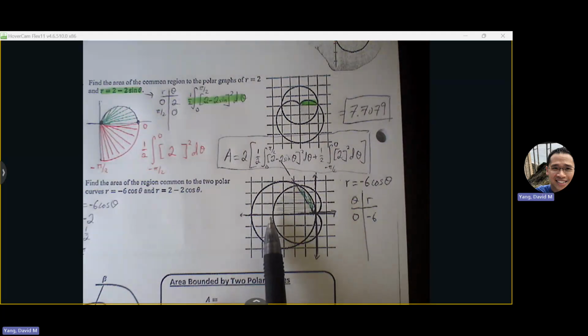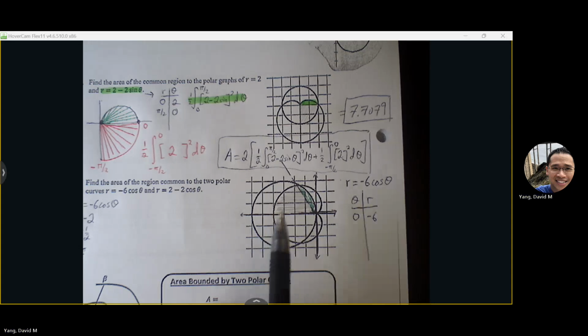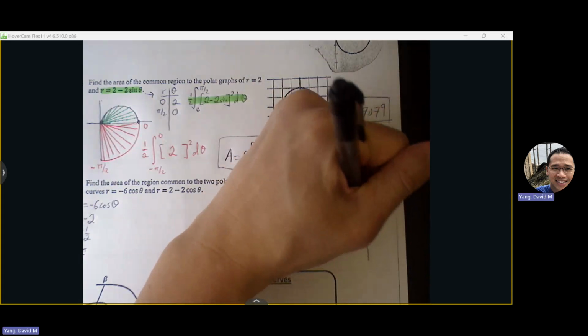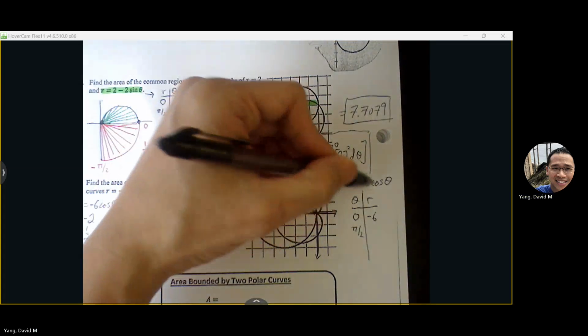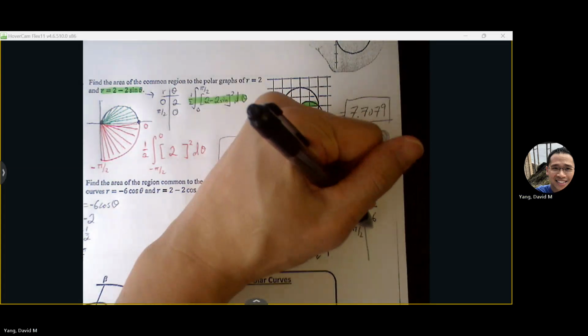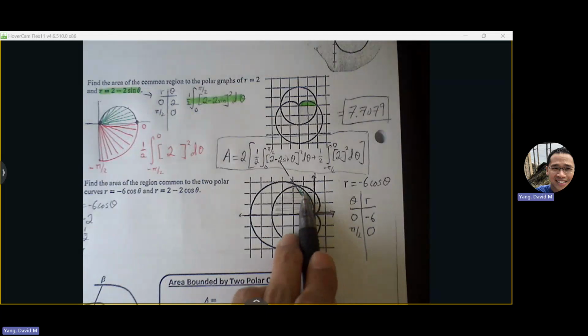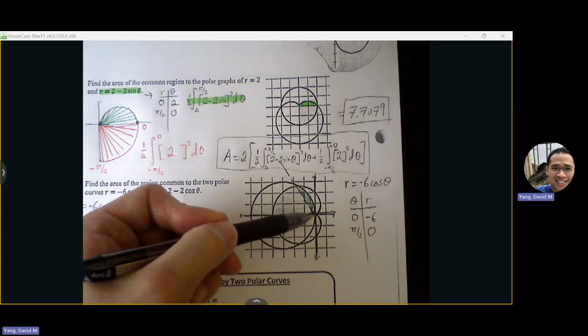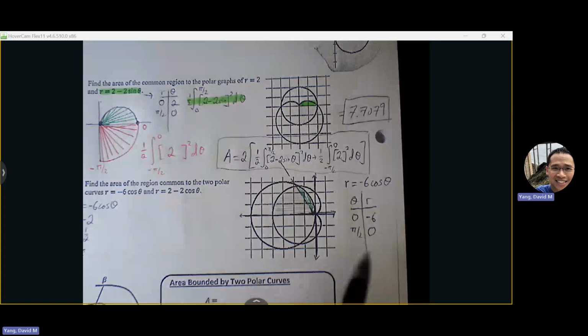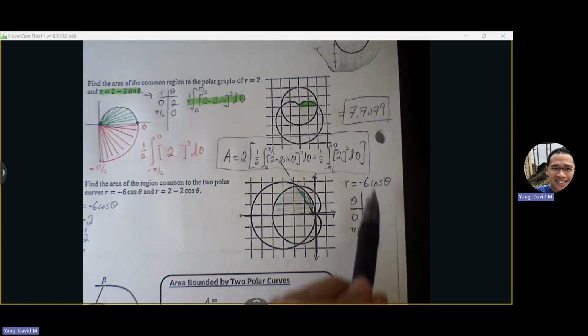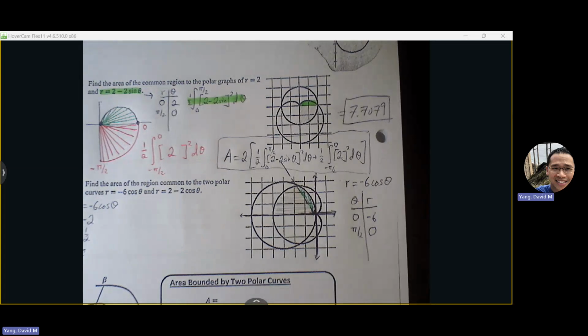So at 0, it's over here at -6. And then at pi/2, it's not going to hit a polar 0 until pi/2. So at this stage, this part of the graph is from pi/2 to 2 pi/3. See that we're starting here, but this polar 0 doesn't begin until that pi/2, at least not for the cosine graph.